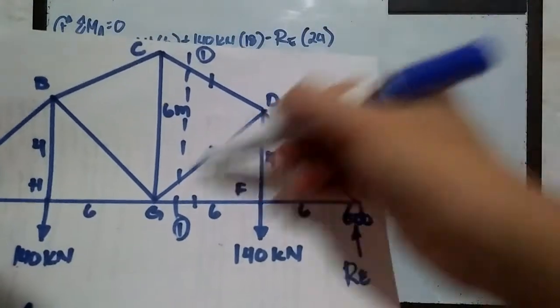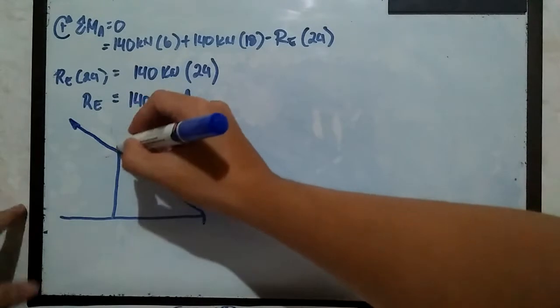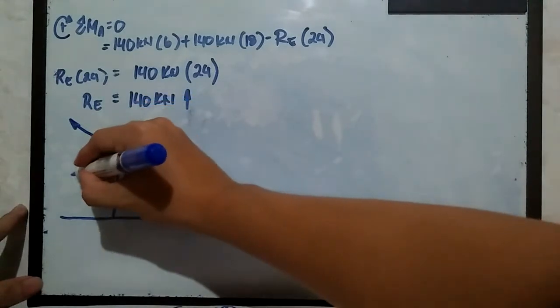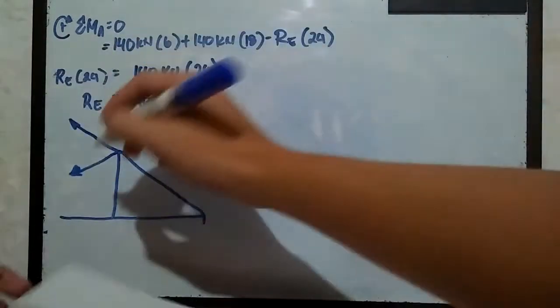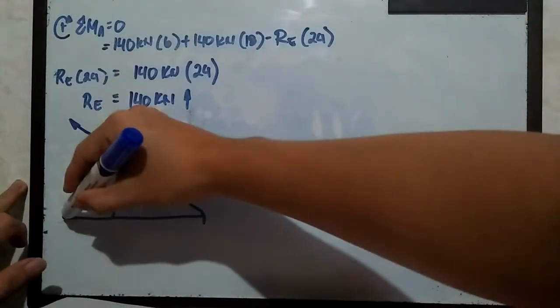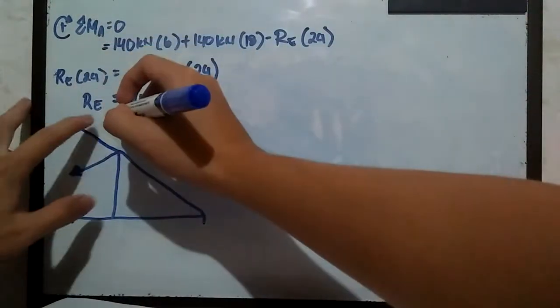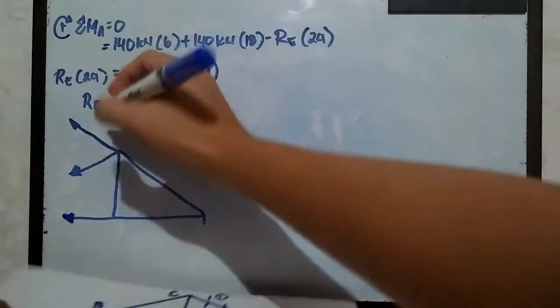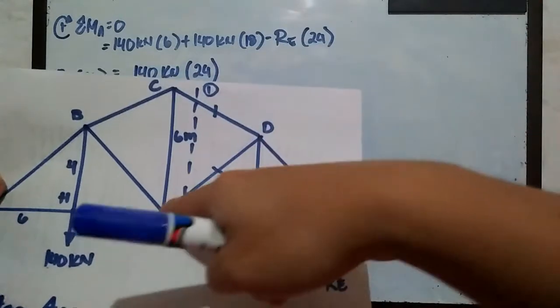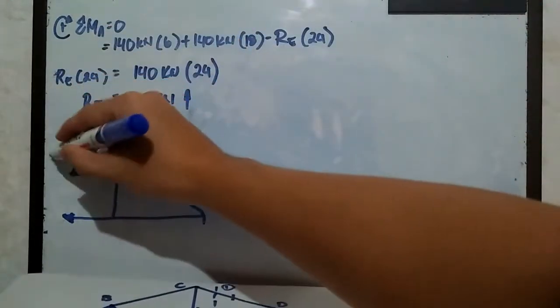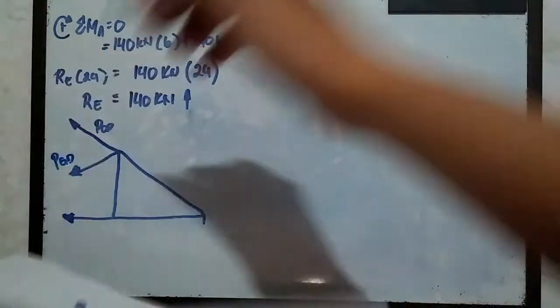Then for GD also, let's assume that it's in tension, and we also have GF in tension. So this one is P sub CD, then P sub GD, and P sub GF.